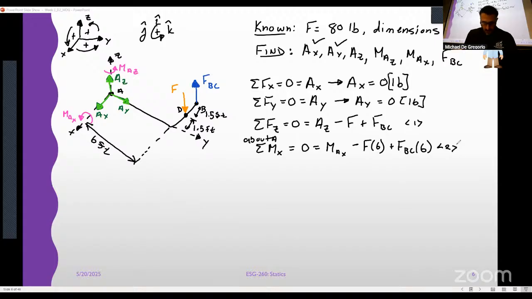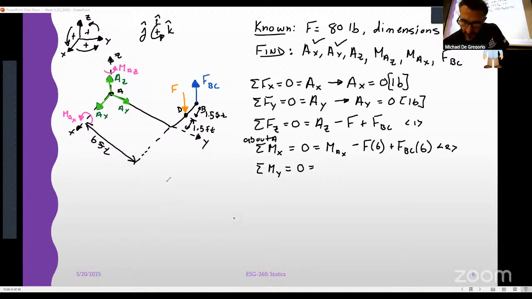All right. Let's take the y direction moment. If I sum the moment about the y-axis, well, there's no M_AY, right? We don't have an applied moment in the y. So we just have to deal with F and F_BC, and it's specifically around the y-axis.